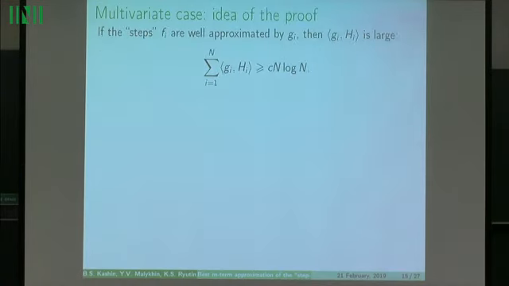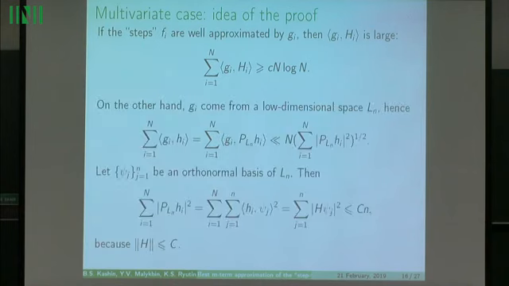And so I try to give you the idea of the proof of this result. If our steps f, g are well approximated by some vectors zg, then the sum of scalar products should also be large.